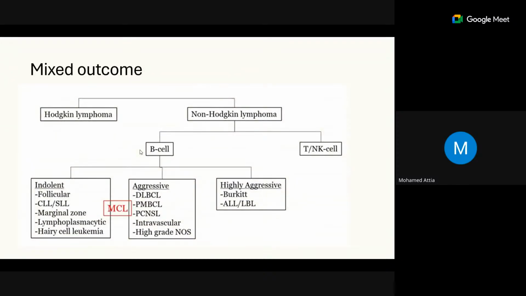The prognostic index: as we see, mantle cell lymphoma lies between indolent and aggressive forms. It is indolent by the shape, but it is aggressive in behavior mostly.